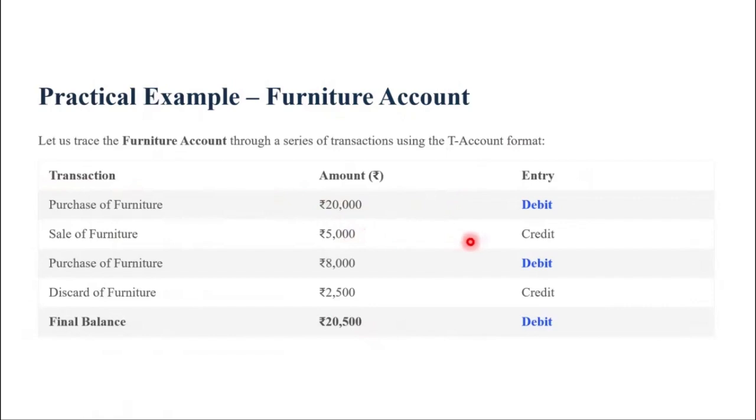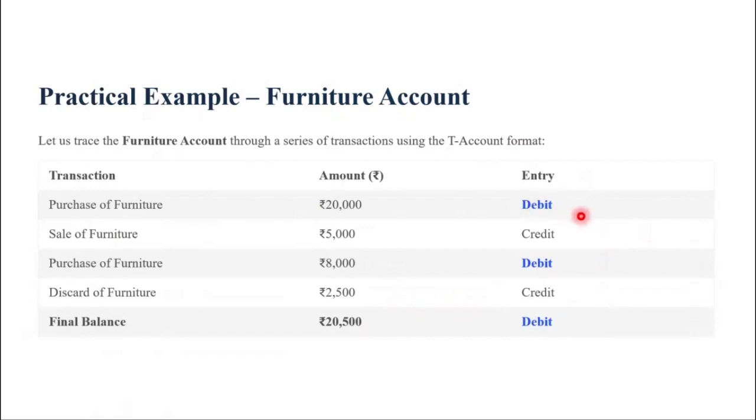We purchase more furniture for rupees 8,000, again an increase, so we debit rupees 8,000. We discard old furniture worth rupees 2,500, a decrease, so we credit rupees 2,500. After these transactions, we find the balance.